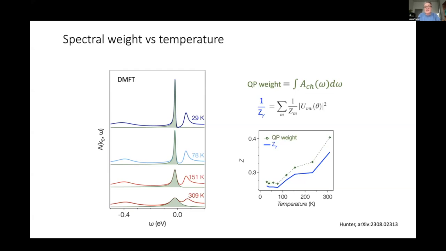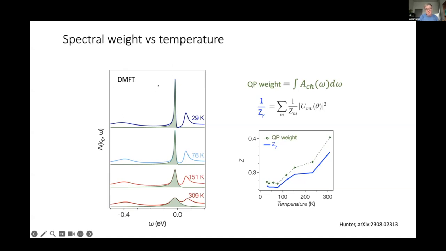So we tested this by looking at the DMFT spectral function, where there are no experimental issues or artifacts. These are spectra calculated by DMFT at a particular point at the Fermi surface where you would have contributions from the alpha, the gamma, and the beta band.